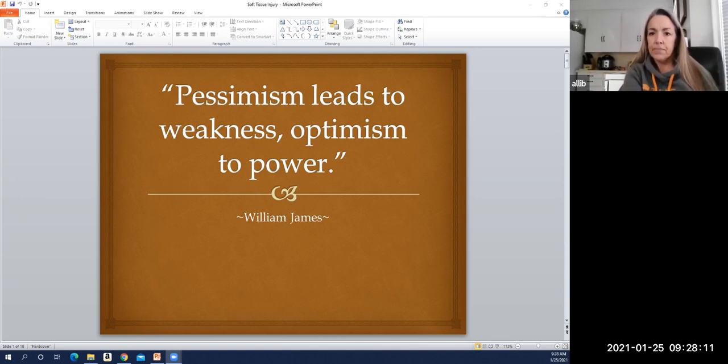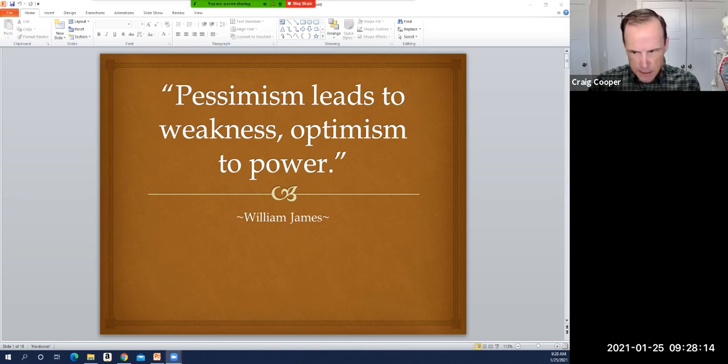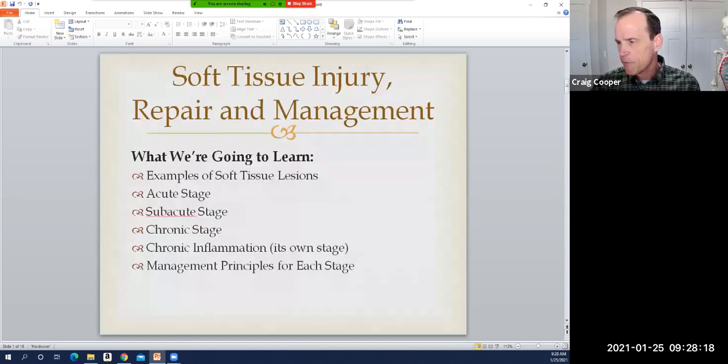All right. So let's talk about soft tissue injury. And I know you guys have gone through the stages of injury when we look at the inflammatory, the proliferative, and the maturation or remodeling stage, both in pathology. And I think you've already talked about it in modalities too, in the beginning of that class.